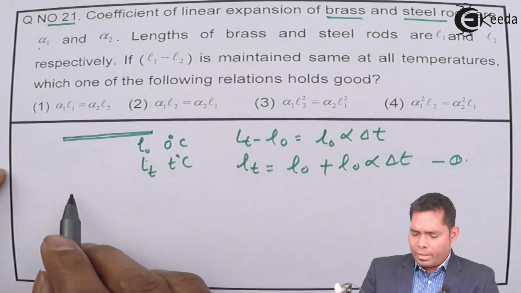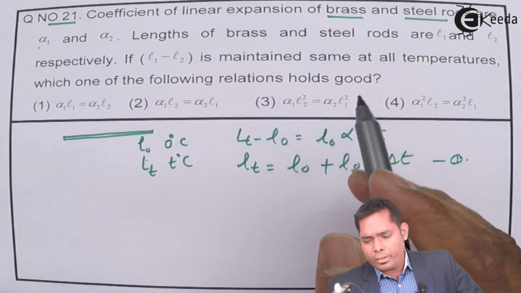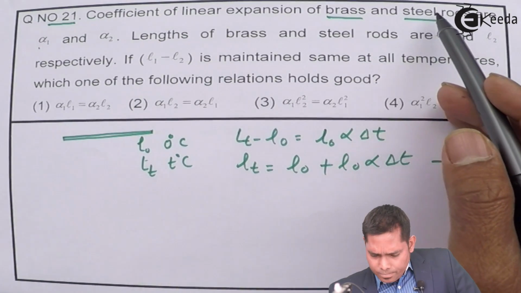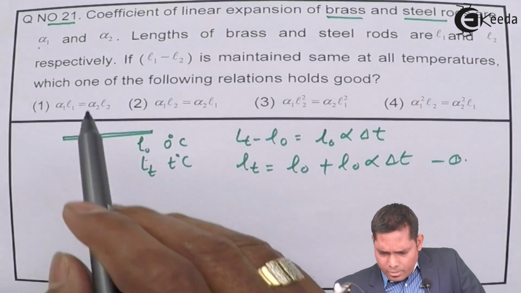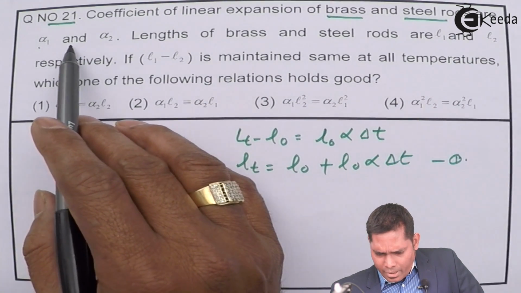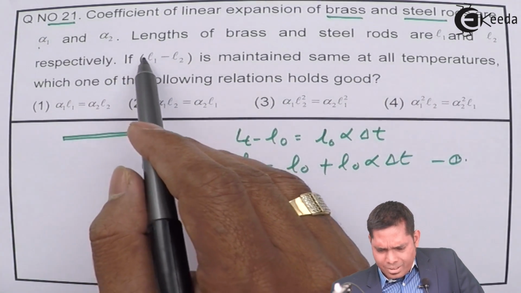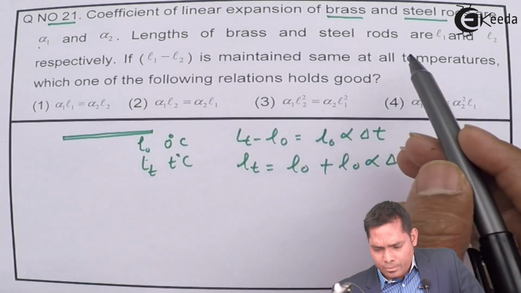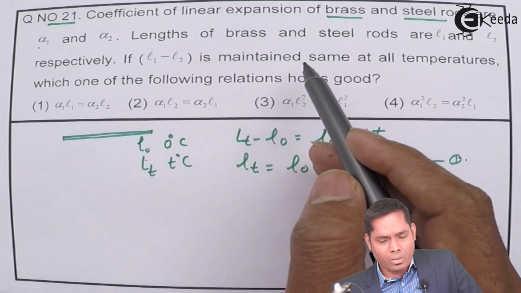Now if I have two different substances, one is brass, another is steel, and it is said that they maintain their differences the same at all temperatures.